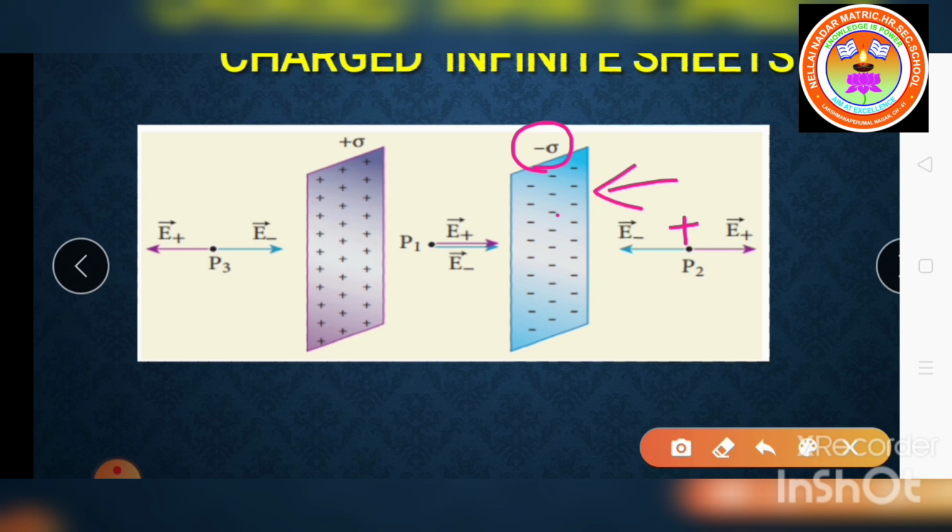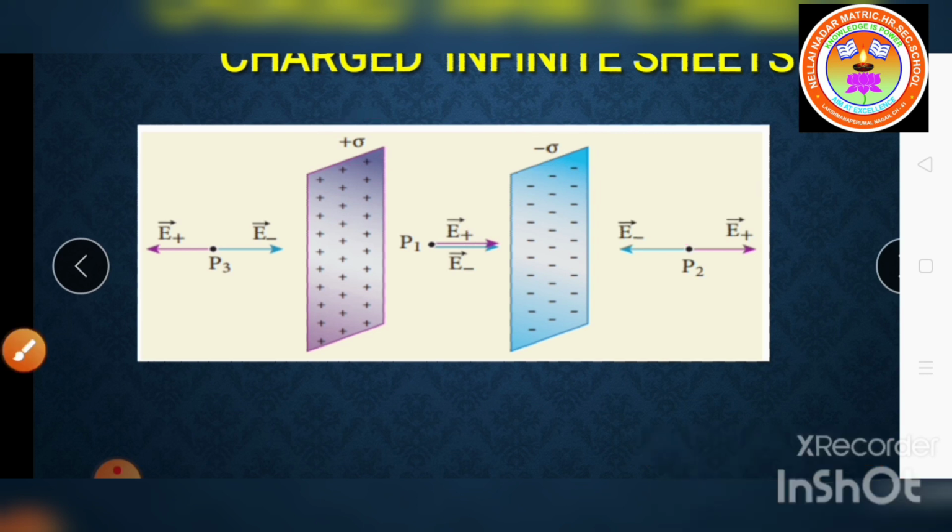Due to the positive charge density plate, it is acting in an outward direction. So at the point P2, E negative due to the negative plate is acting inward to the plate, and E positive vector is acting outward due to the positive plate.